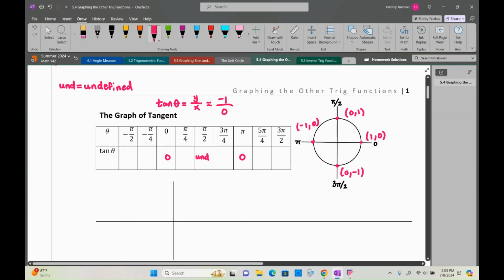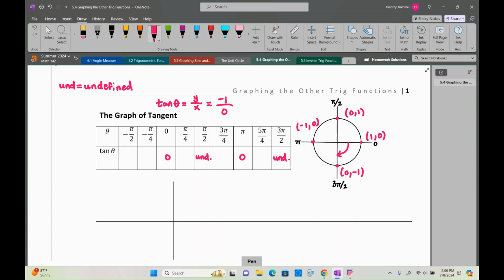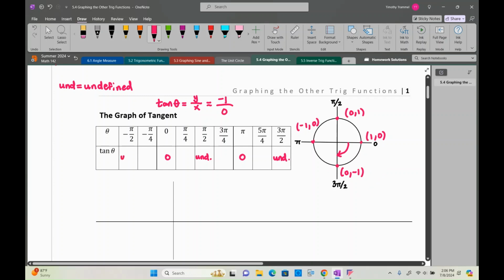So we're undefined again. Let's also check minus pi over 2. So minus pi over 2 would just be rotating from here to here. So it's using the same location as 3 pi over 2. So again, we'll have minus 1 over 0, and this will be undefined here.